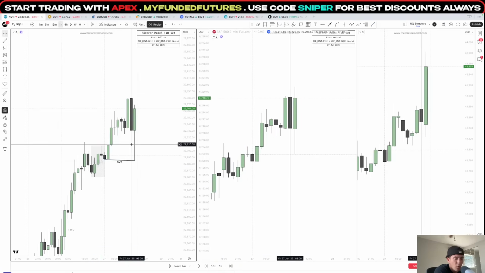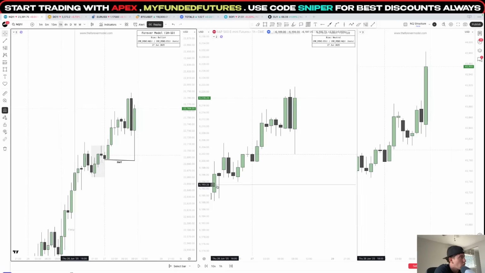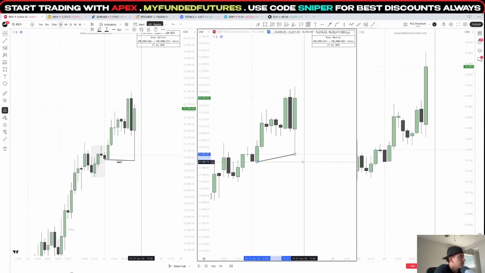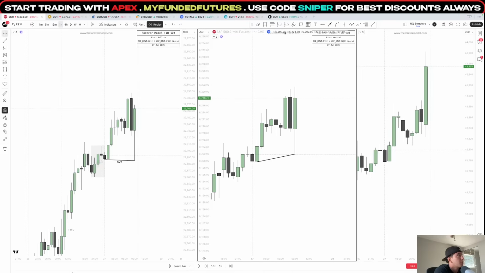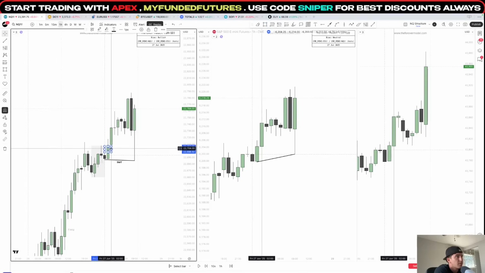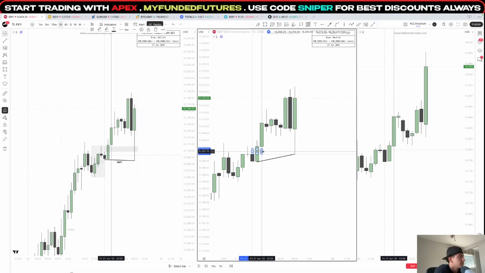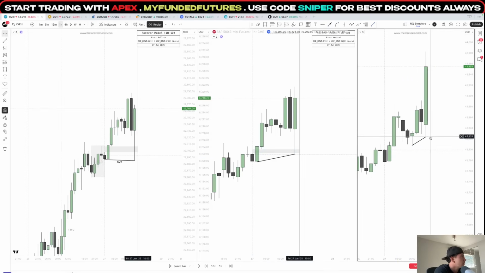But again, wicks just do the damage. Bodies always tell the story. Bodies are closing within bullish PD arrays, aka these bullish fair value gaps. So this fair value gap here, this fair value gap here, and the Dow Jones being the stronger pair overall.